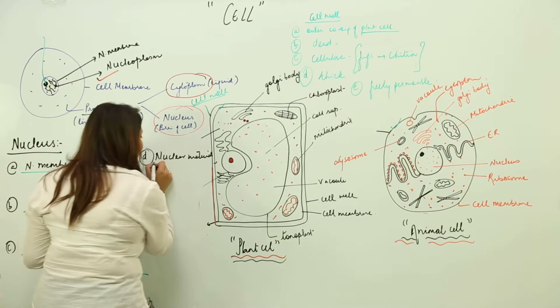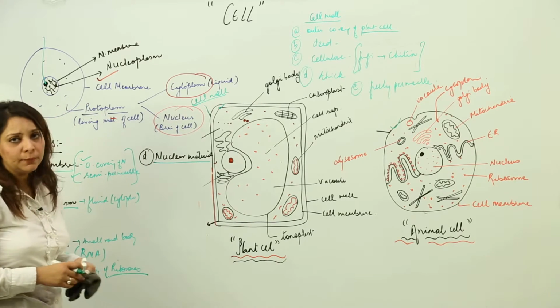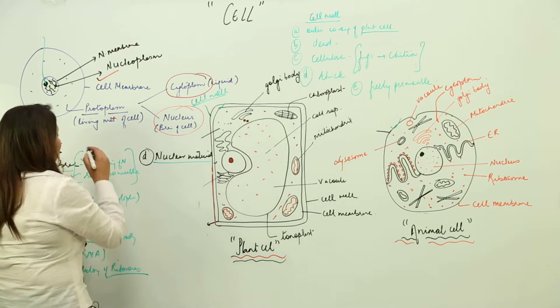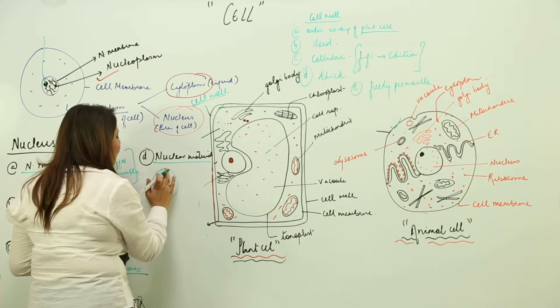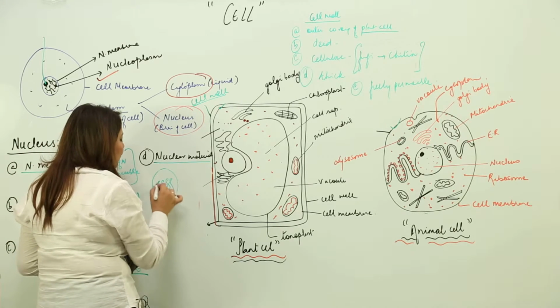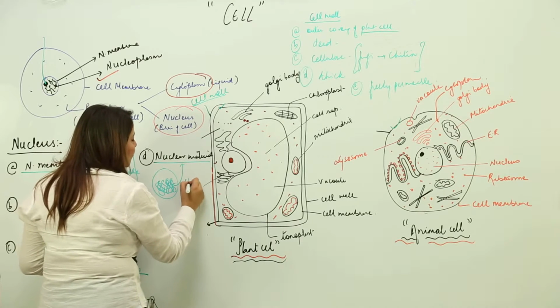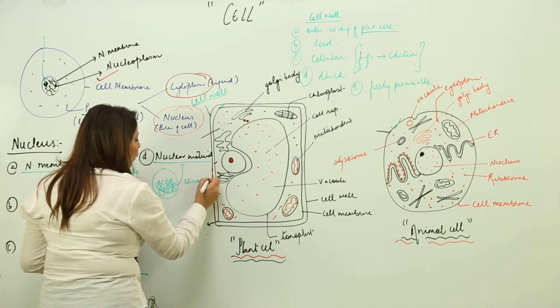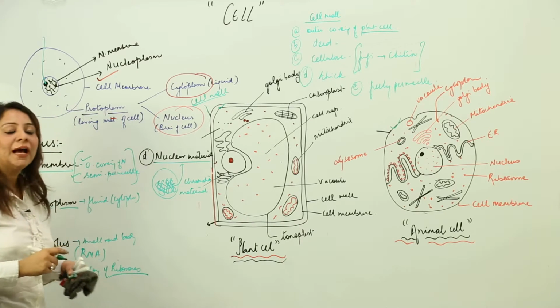The fourth, important component, or you can say the treasure of the cell, is the nuclear material. When you analyze it under a microscope, at different stages it appears different. At one stage it appears like this, a thread-like structure, so it is called nuclear material or chromatin material.